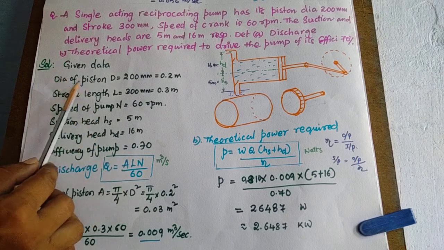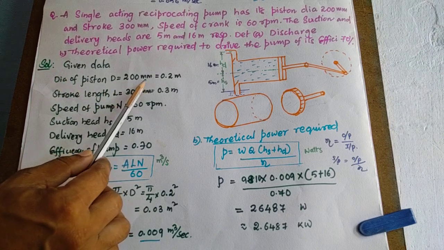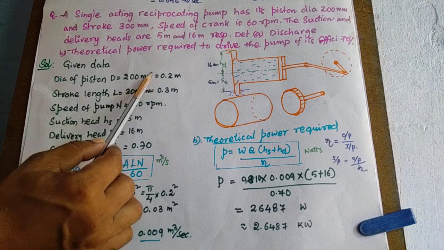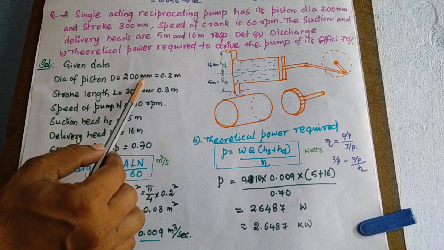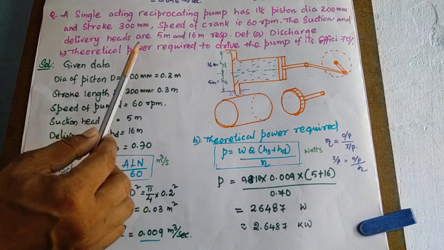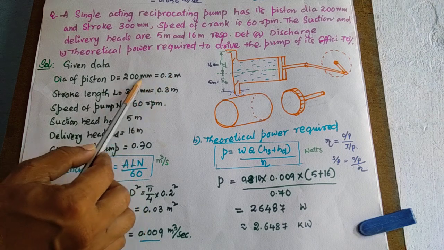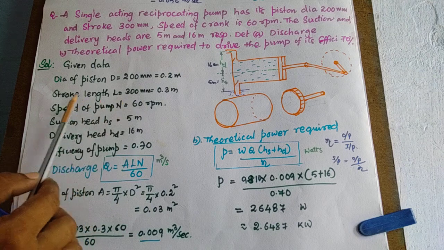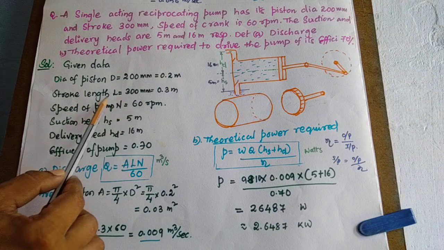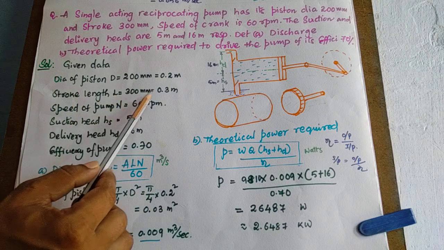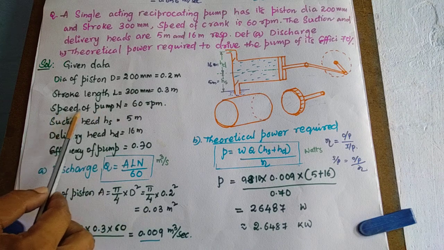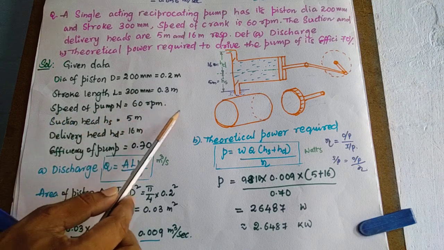Here the diameter of the piston is 200 mm, and values should never be used in mm for these problems, so we convert them into meters. 200 mm is equal to 0.2 meters, and similarly stroke length of 300 mm is 0.3 meters. Speed of the pump is 60 rpm.